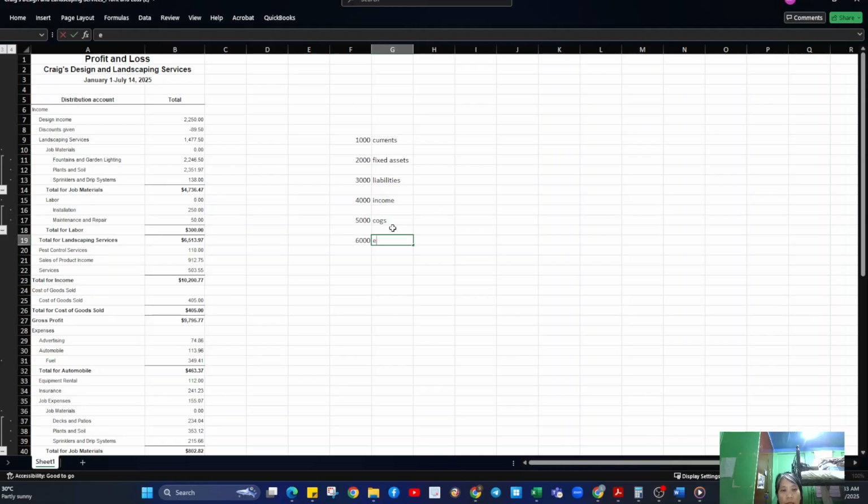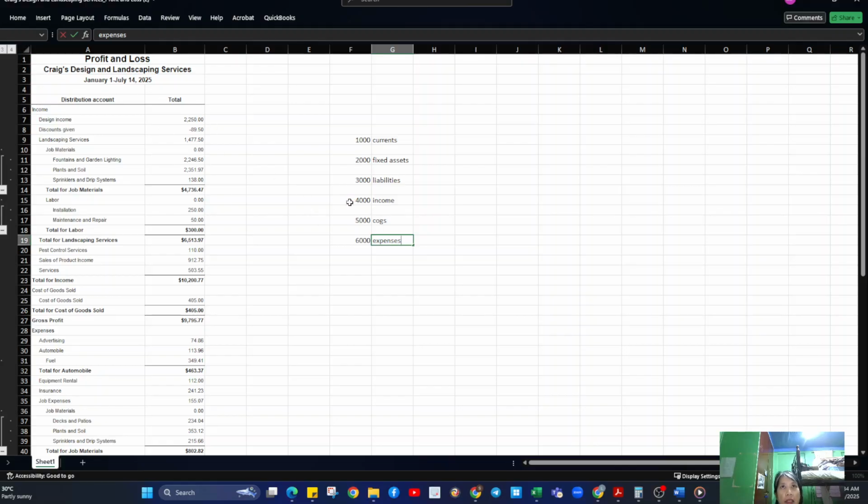I would make this type of labeling, so it would be easier for me to also understand the profitability of each of the streams of income of the business.